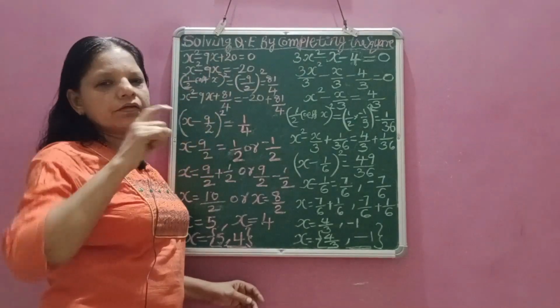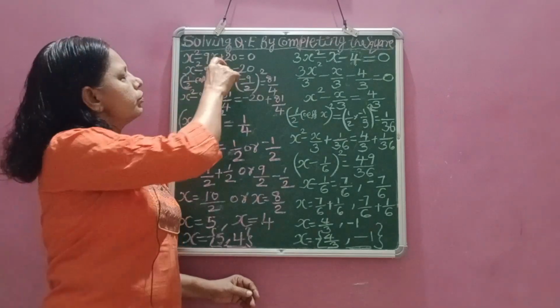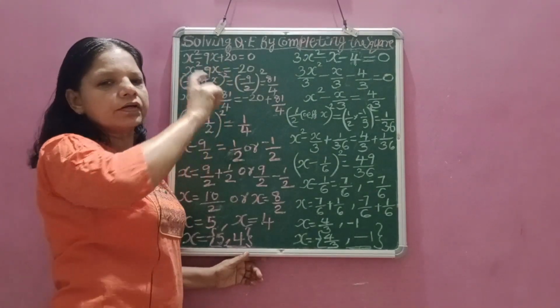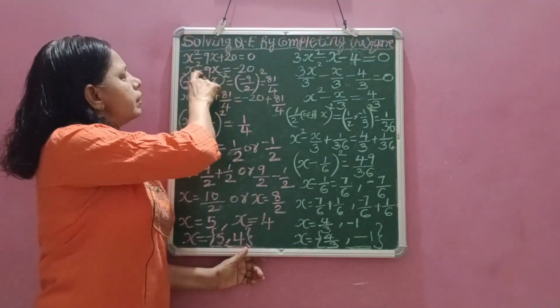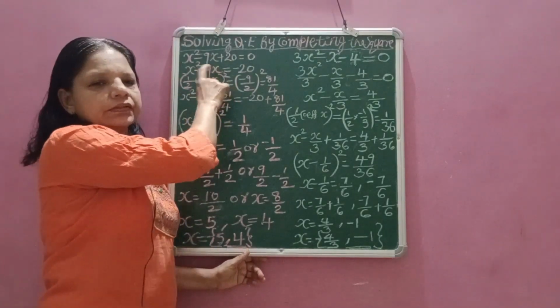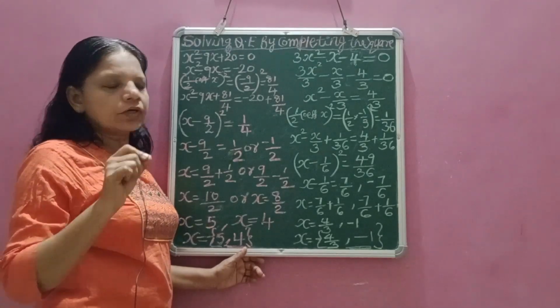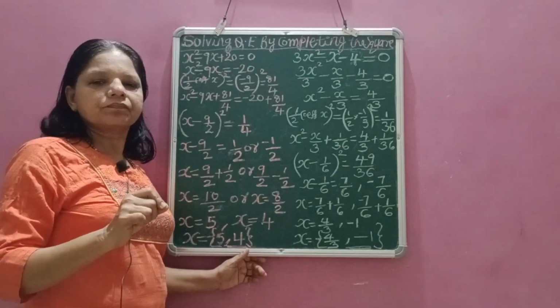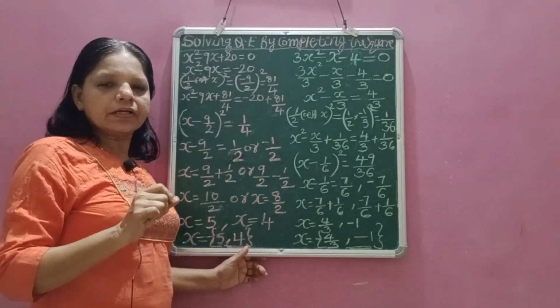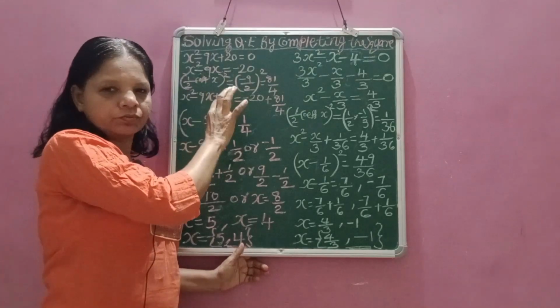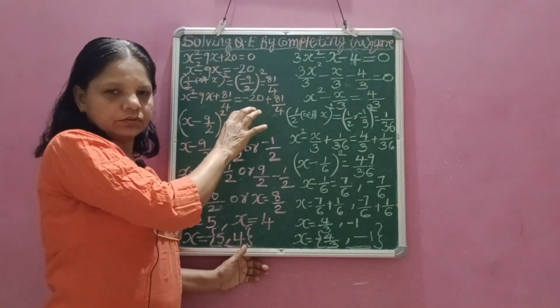And you have to get the value of b, or you have to add b square here. For that, what is b? This will be 2ab, that is, 9x will be 2ab. Therefore, b will be 9 upon 2a. Here a equal to 1. We made it equal to 1 if it was not.